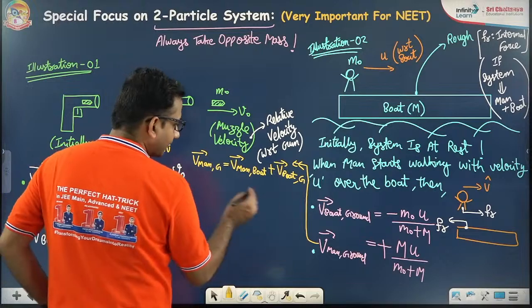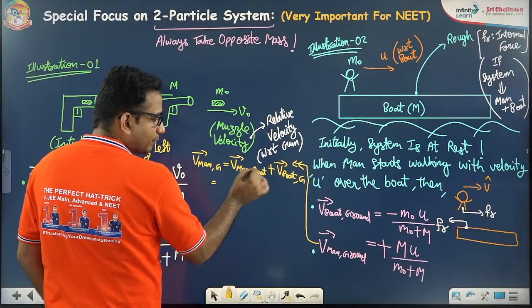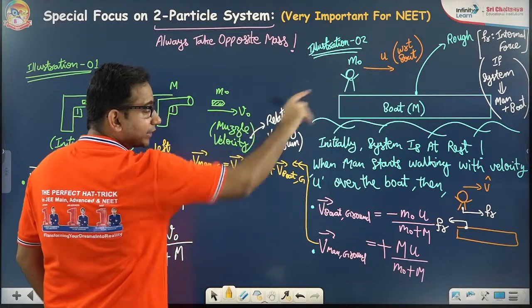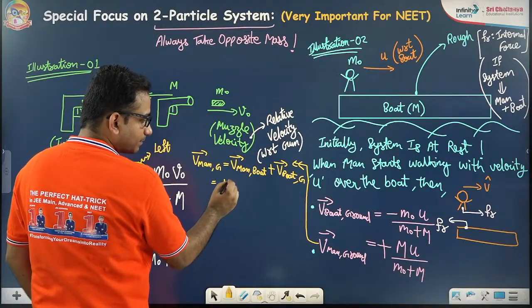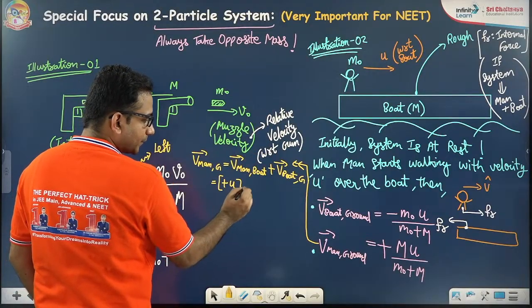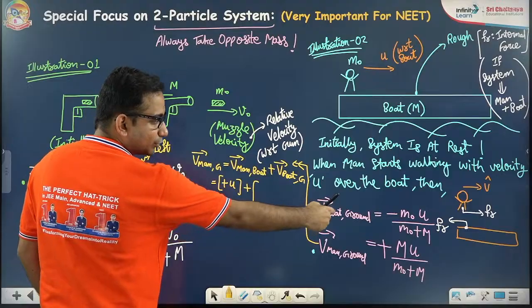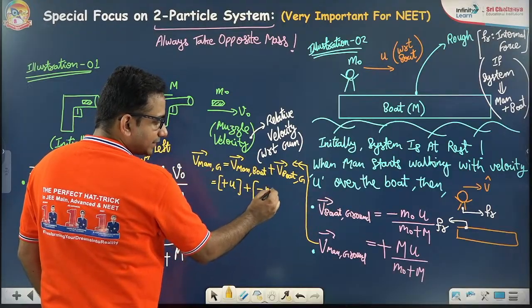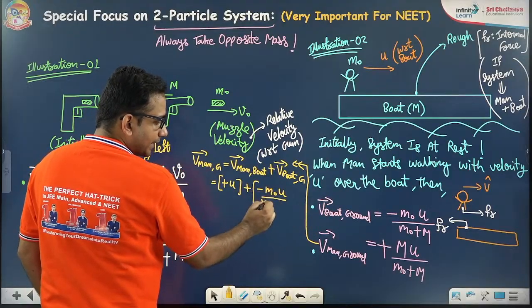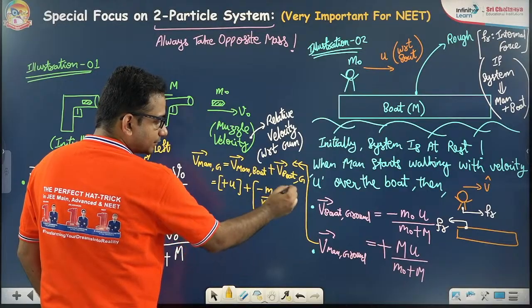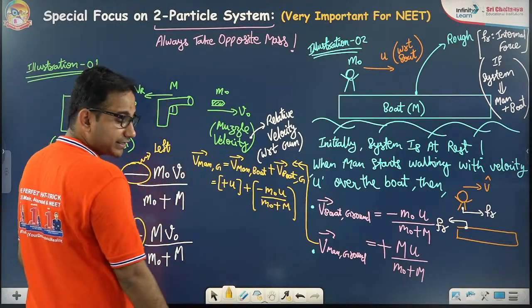Let us verify. So velocity of man over boat, it is moving in the forward direction with respect to boat, it is plus u, plus velocity of boat with respect to ground, you have got it as minus of m naught u by m naught plus M. See, I'm substituting all the vectors with plus minus sign here.